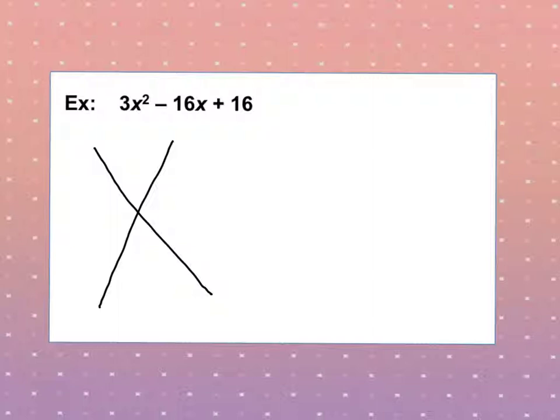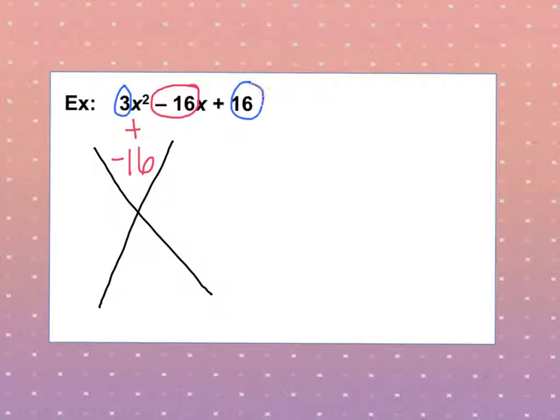What we're going to add to goes up top, and that was in red. That is my middle term, and this time it's a negative 16. Then what I multiplied to goes in the bottom. So I multiply 3 times 16, and I get 48.